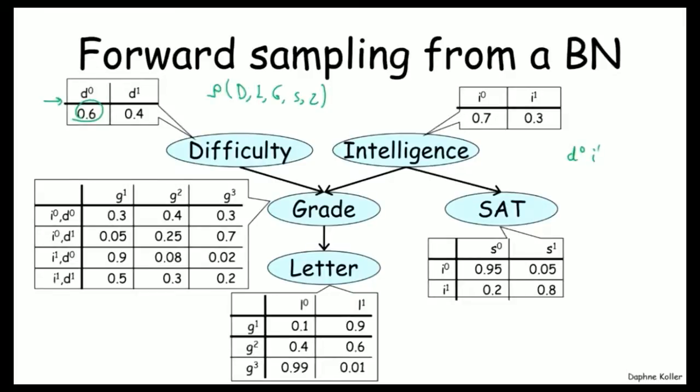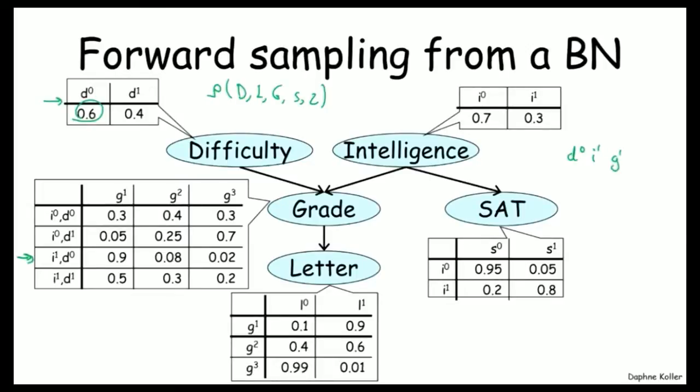Now I get to sample grade. And because I previously sampled difficulty and intelligence, I know exactly what distribution grade needs to be sampled from. It's the distribution I1, D0. And so I now sample one of the three values of grade from the distribution in this row that I've picked out in the CPD and say it comes out G1.